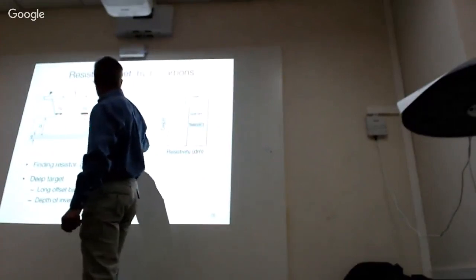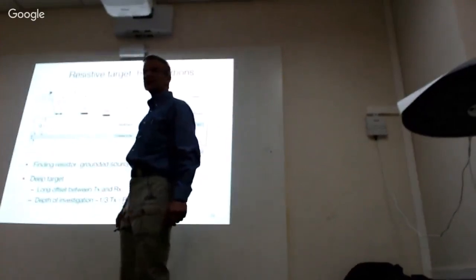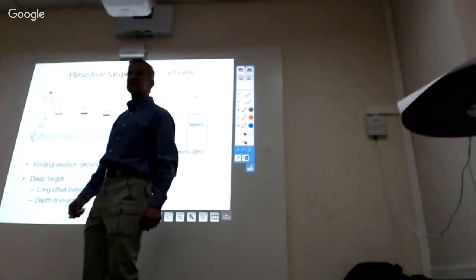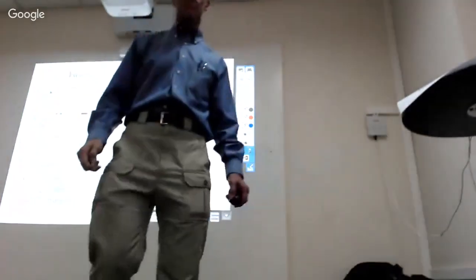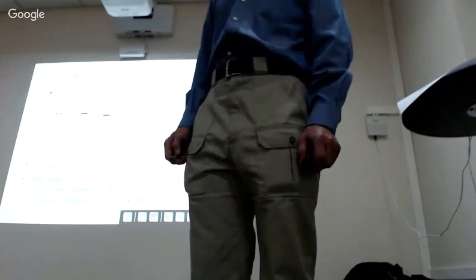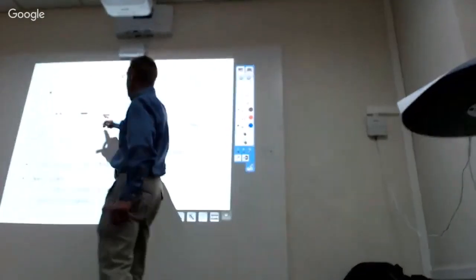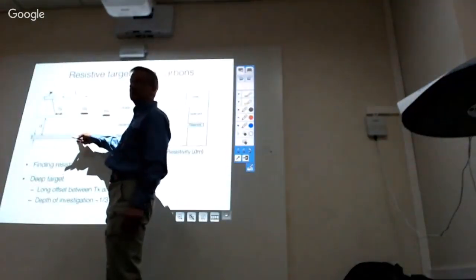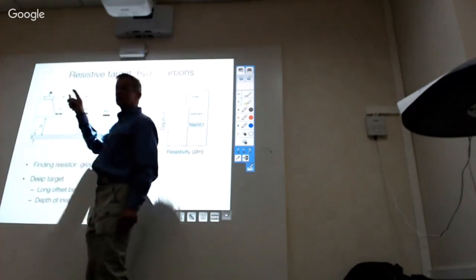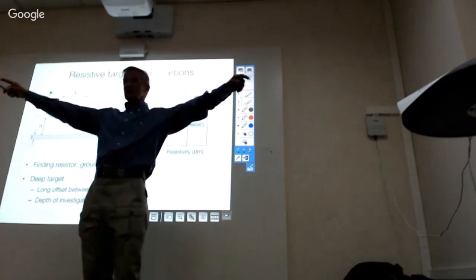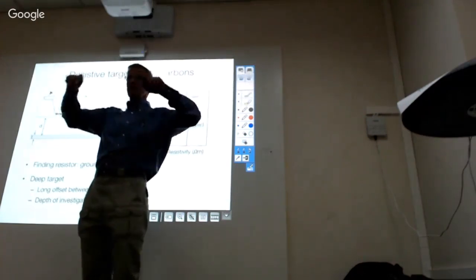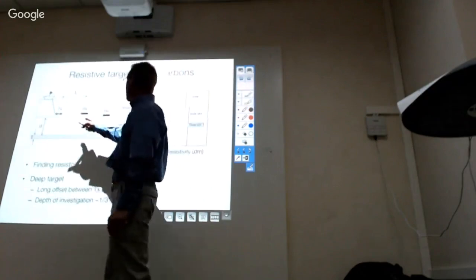Okay, so what are we up against here? Suppose that this thickness here is a kilometer. If we're going to try to find something that's a kilometer deep, how far out do we want to expand our array so that we're going to see that? Yeah, sort of a factor of 3. That's good. So that would be 3 kilometers.